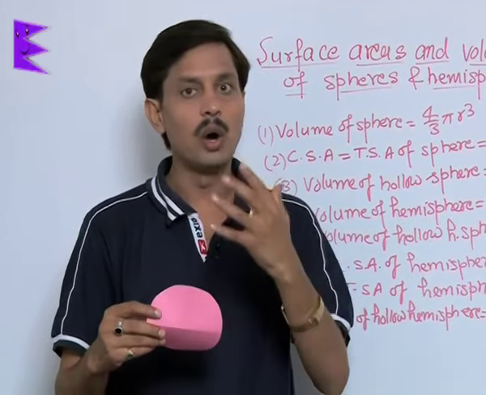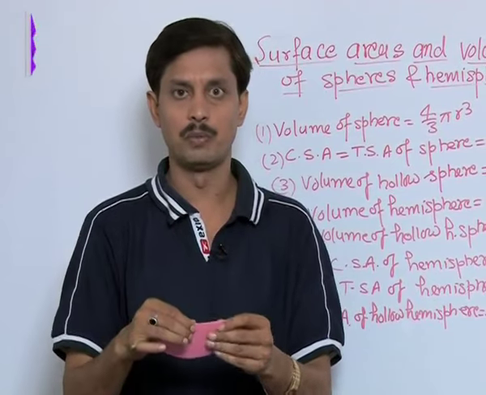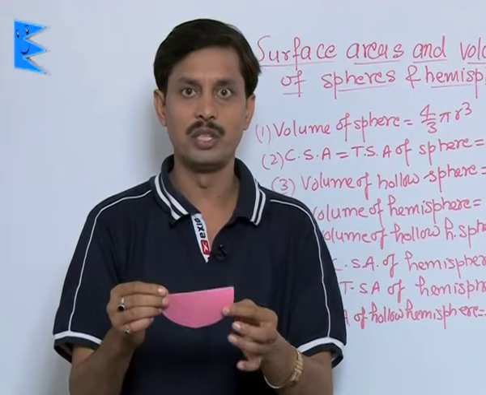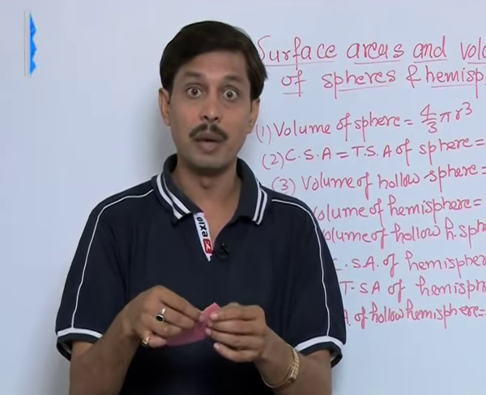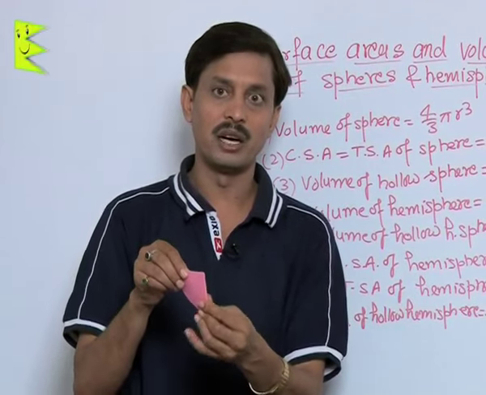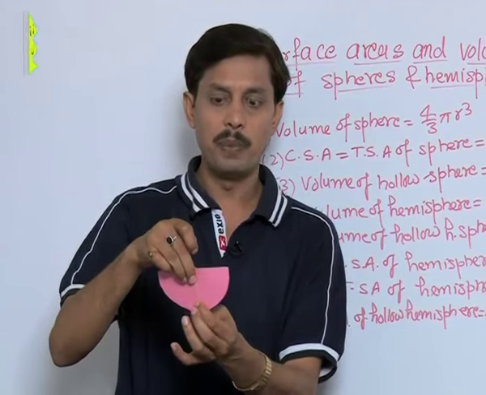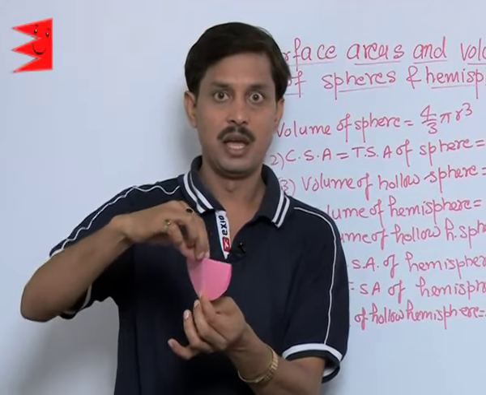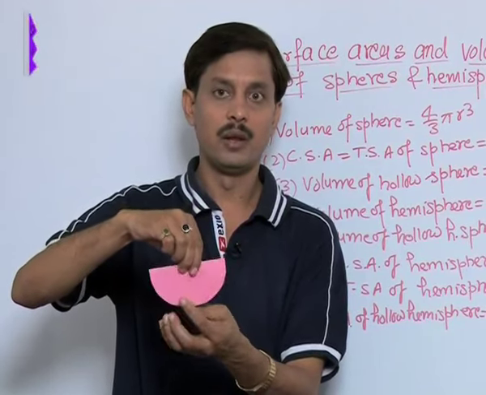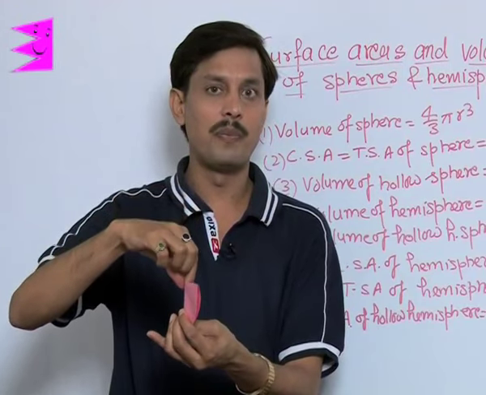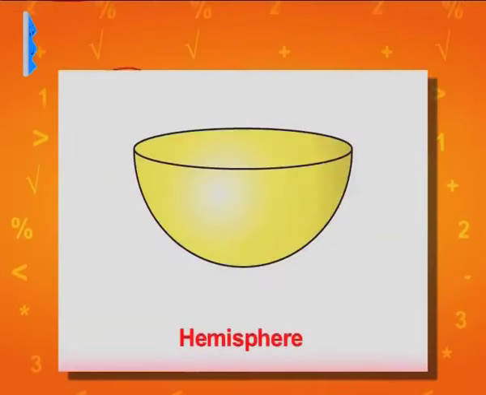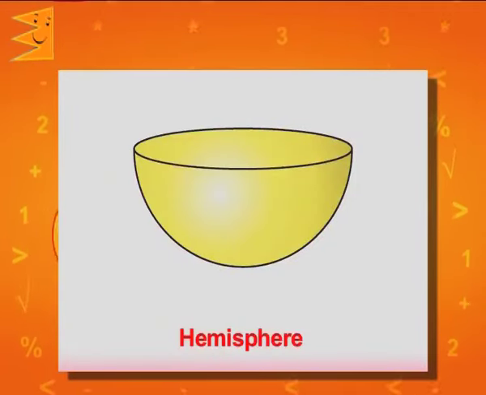Now if I tell you how a hemisphere forms, if I have a semicircular sheet of paper, and this semicircular sheet is folded like a quadrant, and by keeping one of its radii fixed, it is rolled or rotated like this, then the figure or the amount of space occupied is known as the hemisphere.